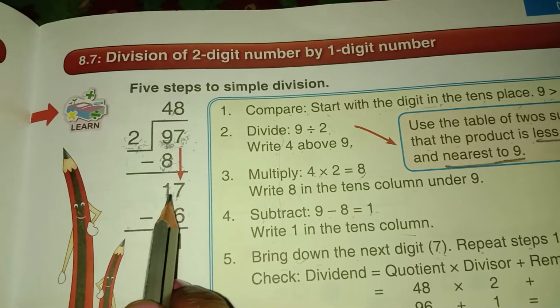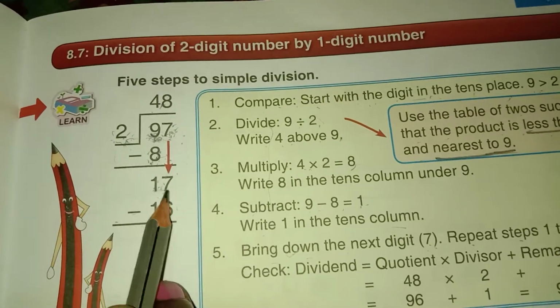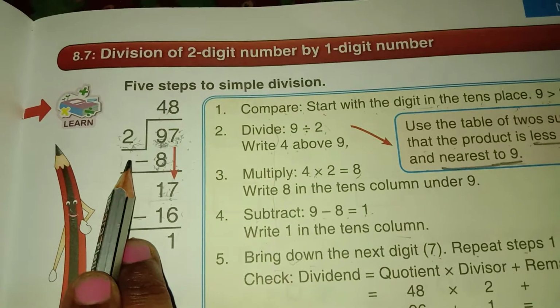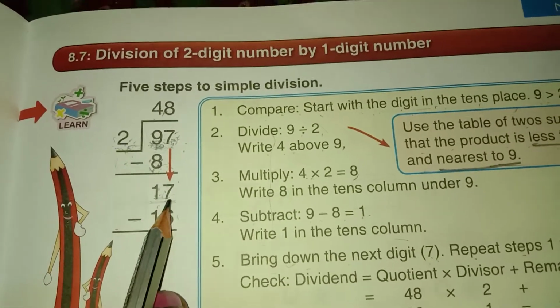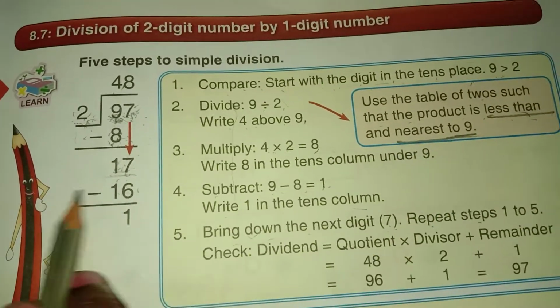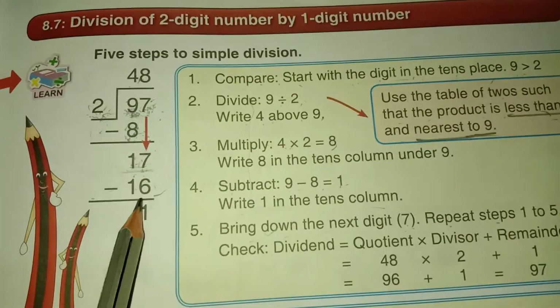It becomes 17. Next you have to check whether 17 is there or not in the twos table. 17 is not there in the twos table, therefore you take less than or nearest to 17, that is 16. 2 8s are 16.